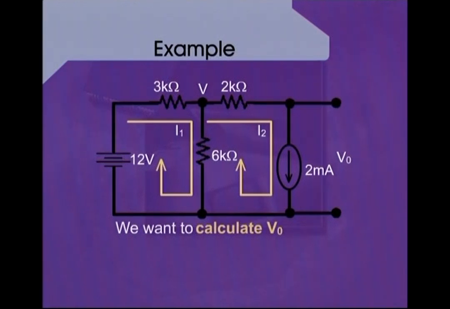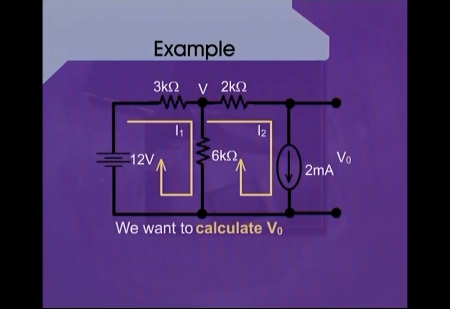Now this circuit has also used 2 sources. One of them is an independent voltage source having a value of 12 volts, and the other is an independent current source having a value of 2 milliamperes.